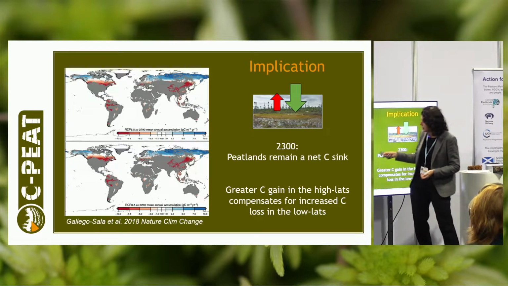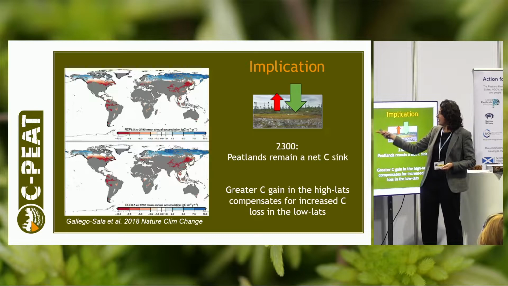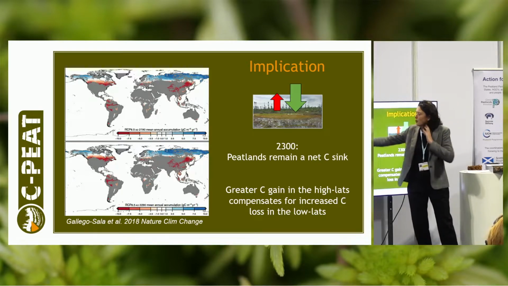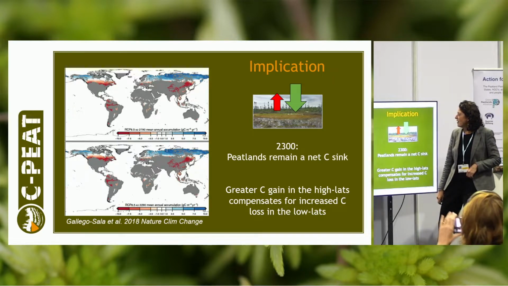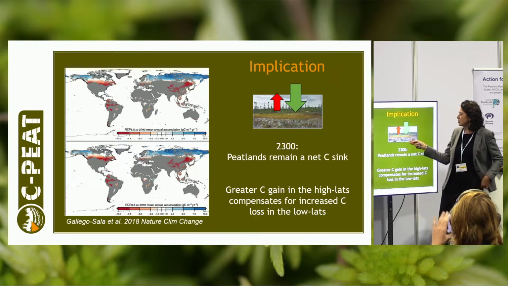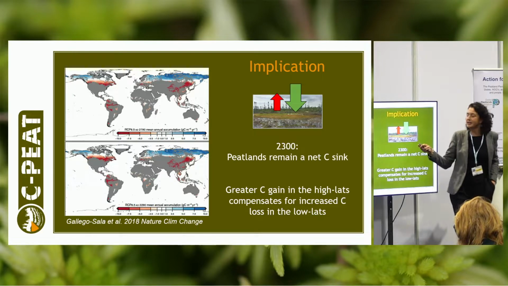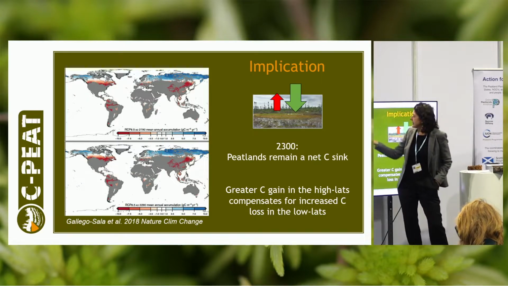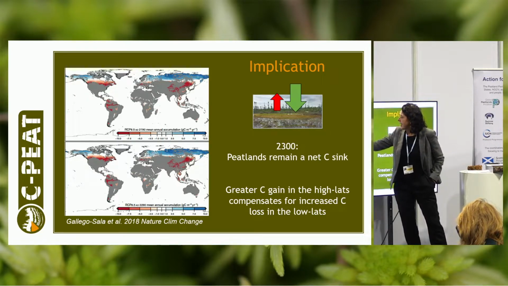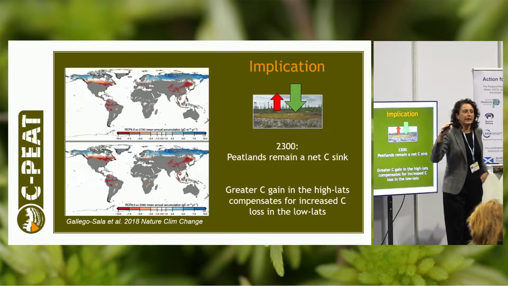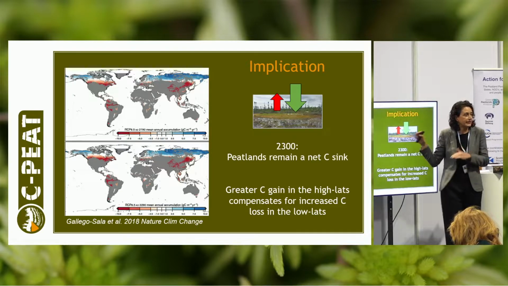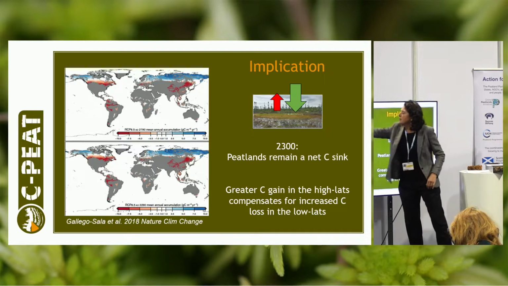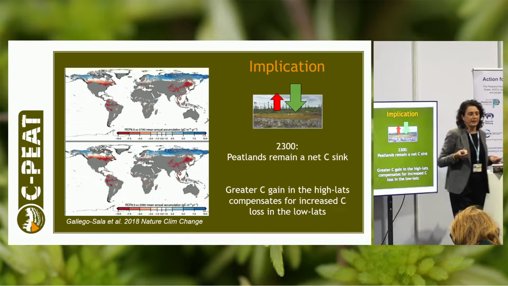and to take that into the future. I'm just taking one of the panels, let's say the worst case scenario, RCP 8.5, and a long way into the future, 2190. What you can see is that the area's tropical and temperate peatlands may become less of a sink, so red is less of a sink, while the northern peatlands may become more of a sink.